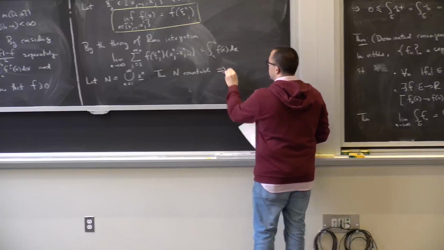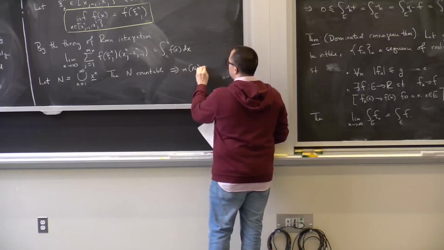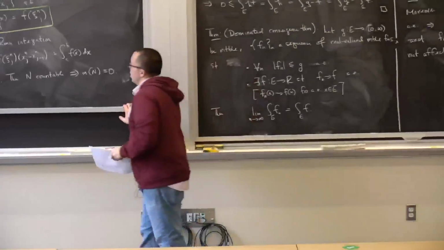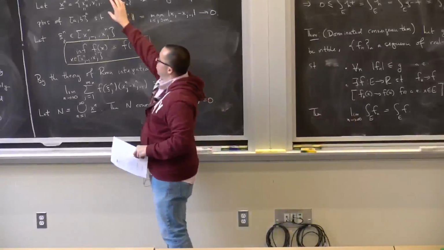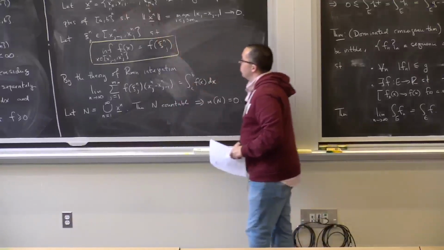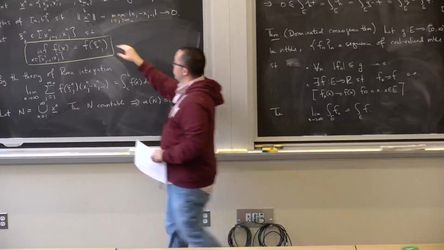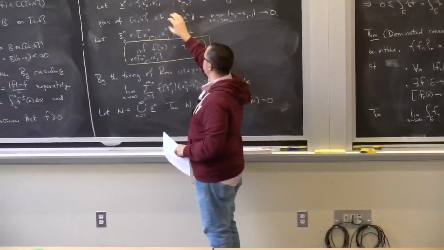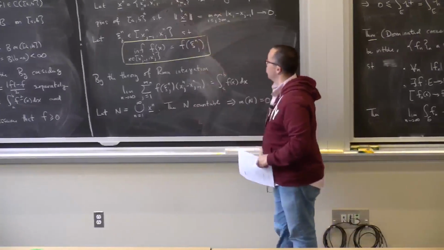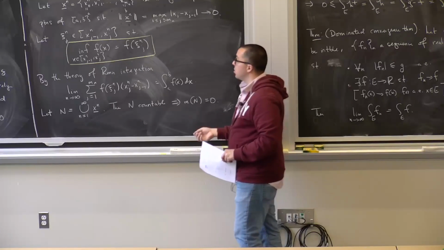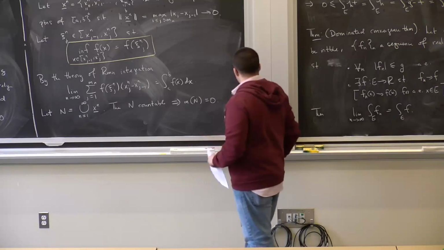In particular, this means the measure of this set is 0. Okay, so it is the set of all partition points as I range over all of the partitions. I just took any sequence of partitions with this quantity here going to 0. If I take the union of all these partitions, I get a countable set. That set has measure 0 because it's countable.